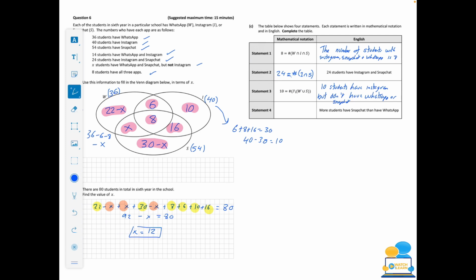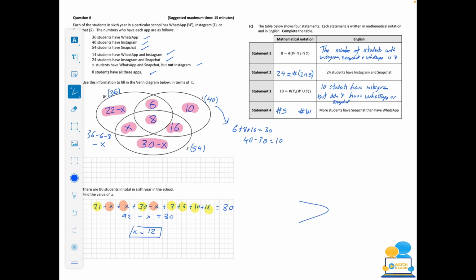Okay, and then statement 4, more students have Snapchat than have WhatsApp. So the number of students with Snapchat is the cardinal number of S. The number of students with WhatsApp is the cardinal number of W. Now, for more than or less than, we use these type of symbols. The easiest way to remember it is that the crocodile always eats the bigger number.